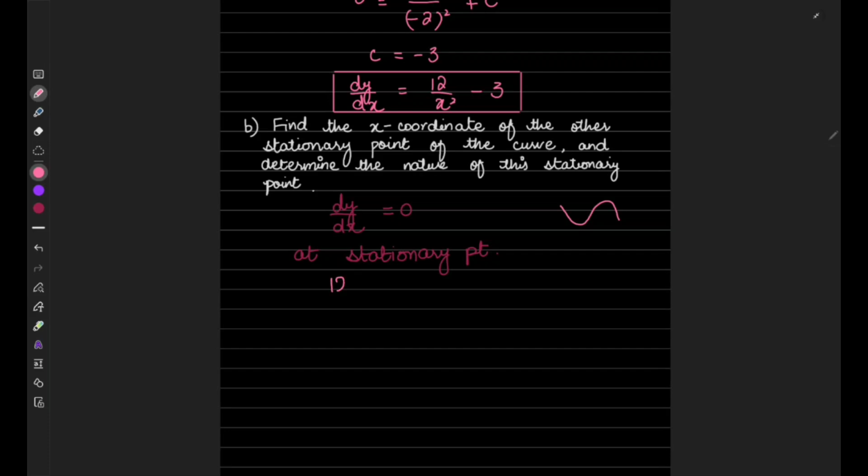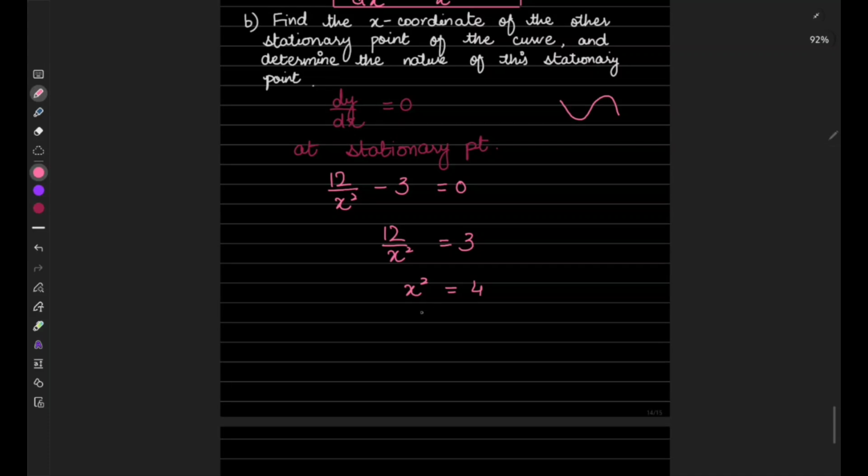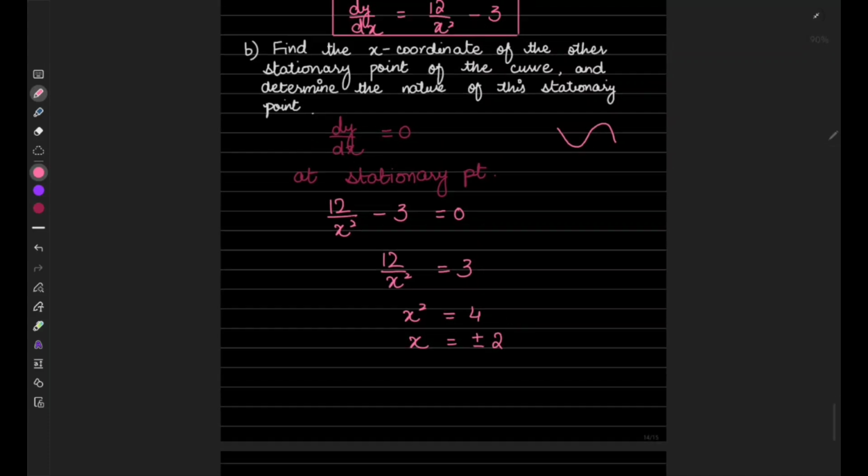Now we have the complete form of the first derivative, that is 12 over x square minus 3 equals 0. That will give you your other x coordinate of the stationary point. So that gives you 12 over x square equals 3, x square equals 4, because 3 goes on the other side and you divide the 12, and x gives you plus minus 2.